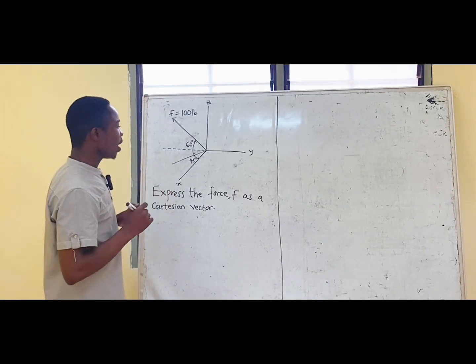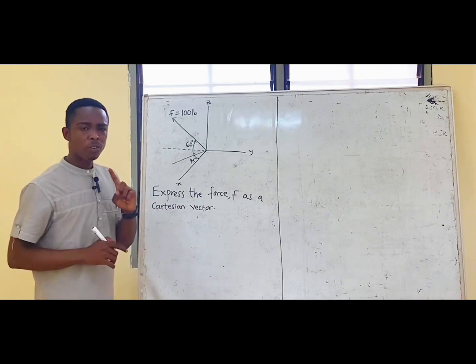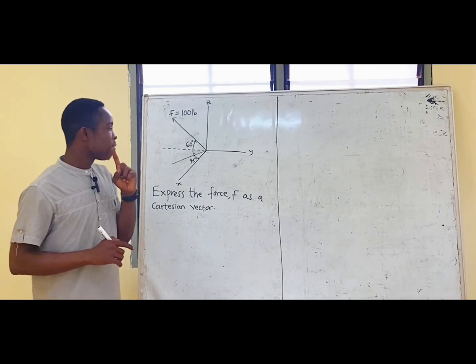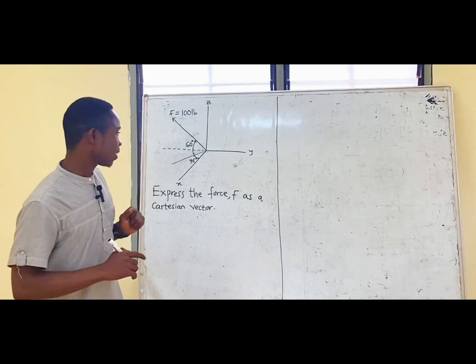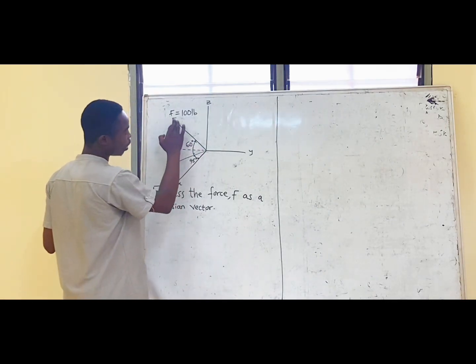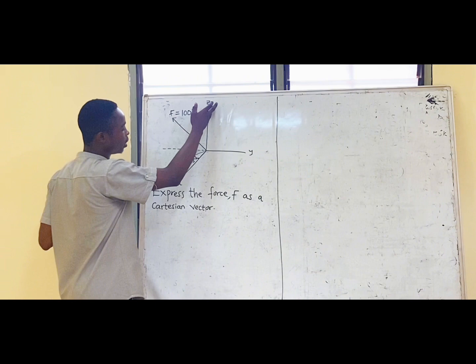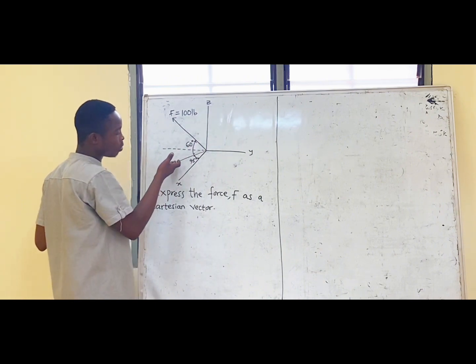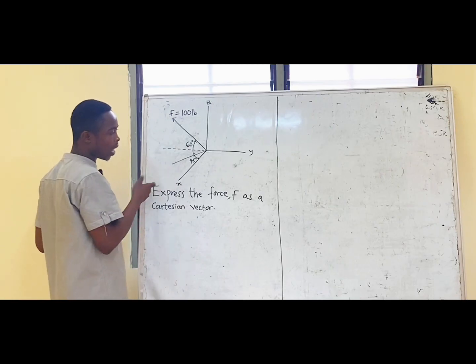Now, in solving 3D problems, what we do is that we resolve forces into two components at a time. So this force being placed in space, if we want to resolve it, we have to resolve it into a Z component and another component, before we can resolve it from that component into all the other components.